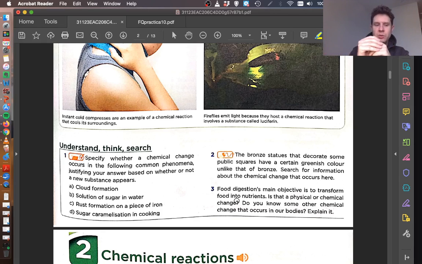Okay. Do we have physical changes? Yes, because we are mixing the food with different liquids, and this is a change.